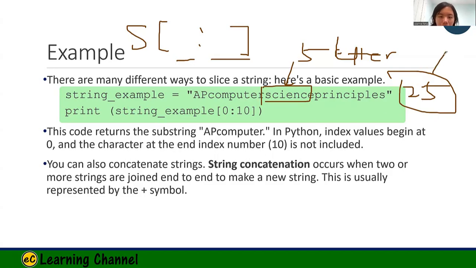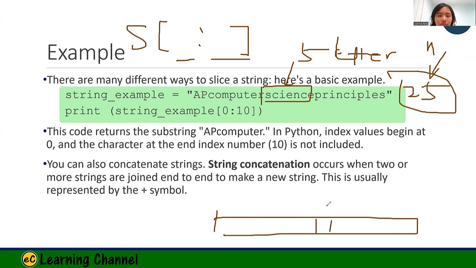Let's assume that you have a number that's 25, called n. When you have an odd number, the middle one is n divided by 2. Let's call this n divided by 2 as m. Right now you have 25, so n divided by 2 should be 12. So index 12 is right here. And then you have m minus 1, m minus 2.